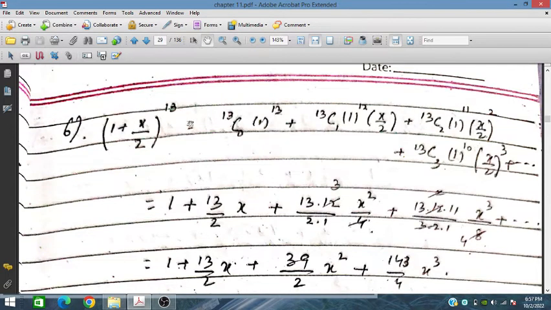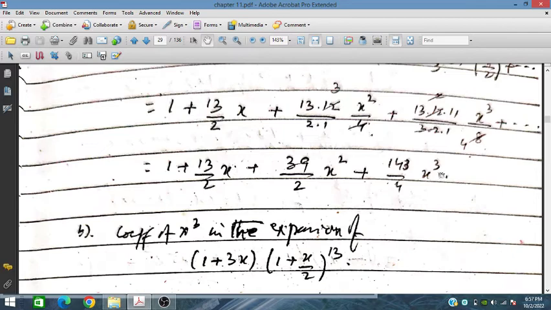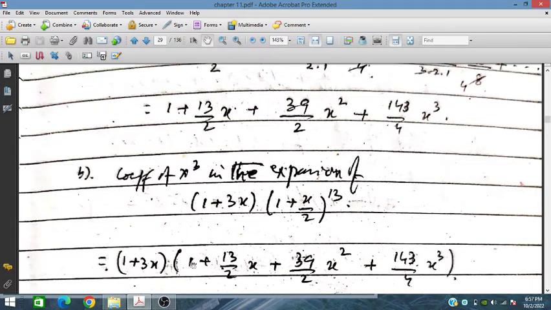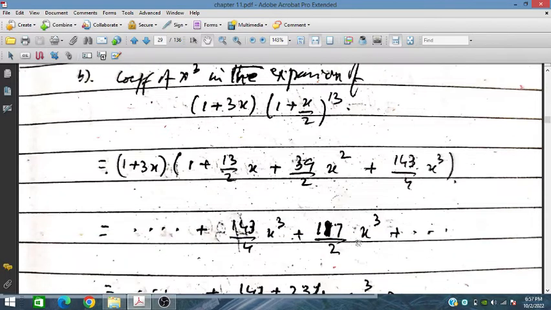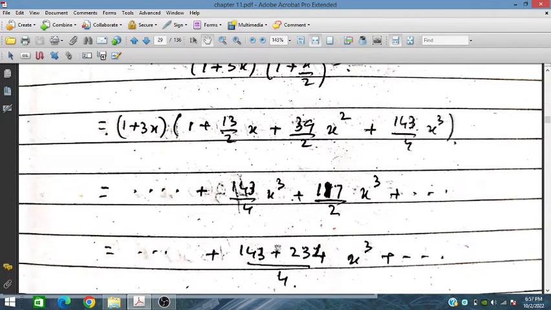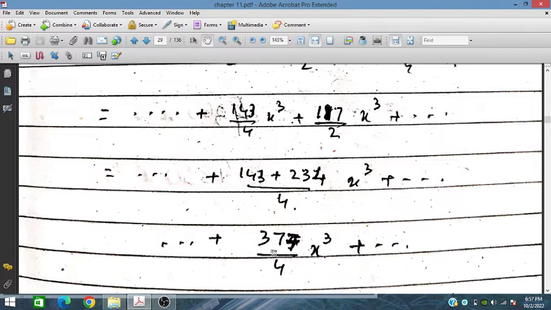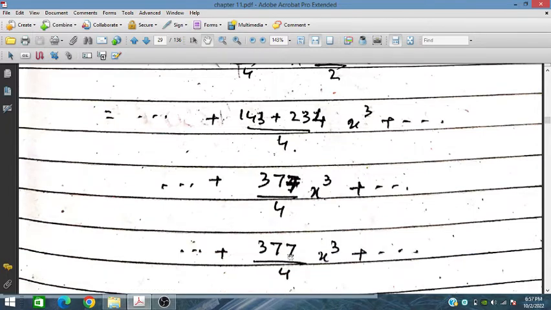For problem number 6, we expand this one up to the 4th term, write down this 4th term here, and then multiply it with this one to get the x power 3 coefficient, which is 377.